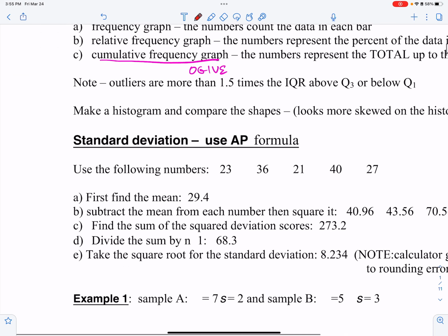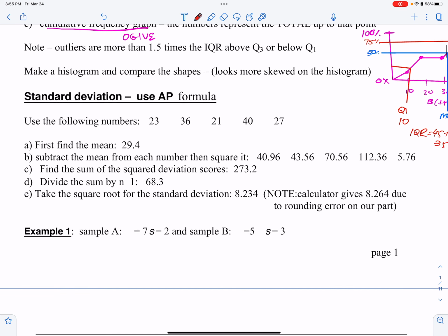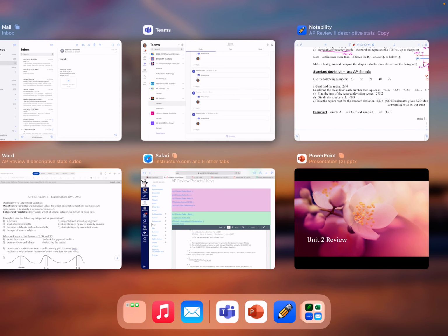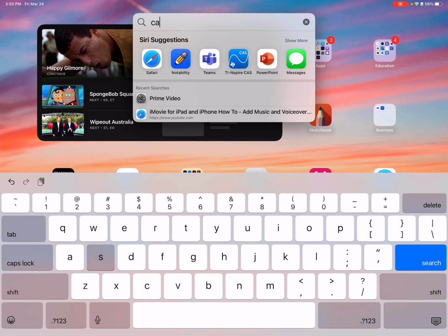Excellent. Okay, next I want you to find the standard deviation. If you want to do it by hand, these are the steps by hand, but what I'd like you to do is go ahead and get your calculator out and let's put it in your calculator. 23, 36, 21, 40, 27. So let's go to our CAS here.